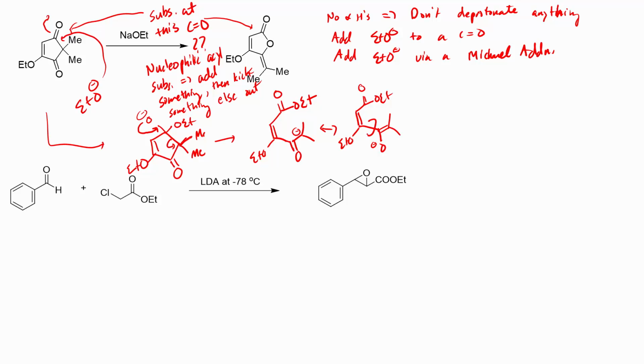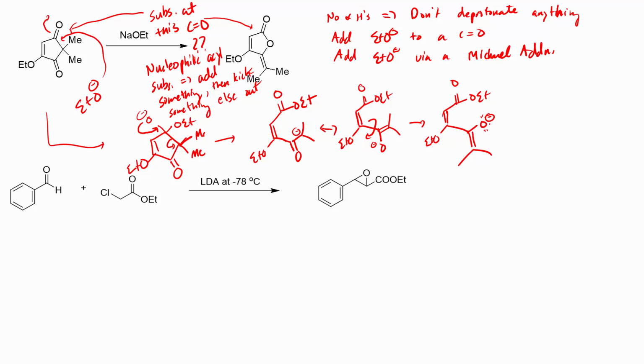There's free rotation, well, mostly free rotation around that C-C bond, since it's a sigma bond, not a double bond, it's just a single bond. Okay, so here we go. There we go, right there. That gives us that. This is actually starting to look like the final product.